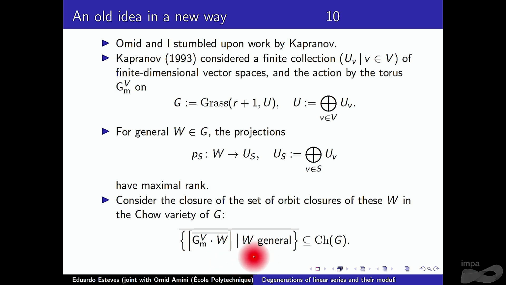It's a point on the Chow variety that parameterizes exactly cycles. And we consider all these points and take the closure. That's a projective subvariety of the Chow variety, which he called a Chow quotient. And in fact, it's a sort of a quotient, right? Because you're parameterizing the orbits of these general objects, right? And some compactification of that.